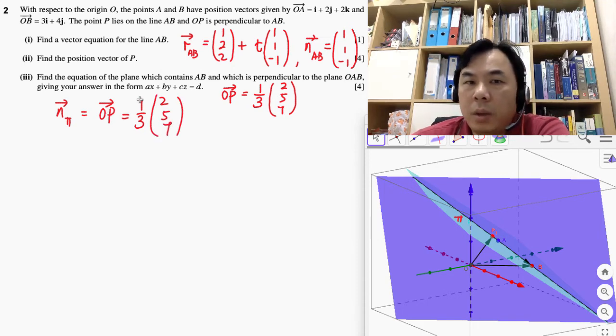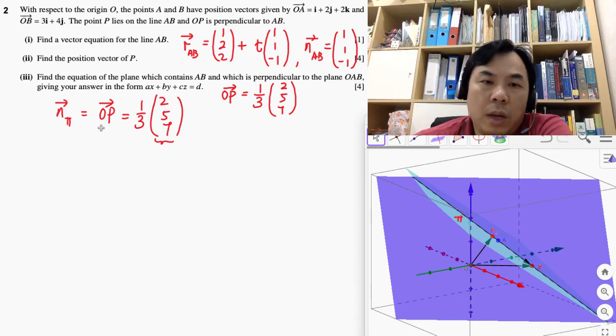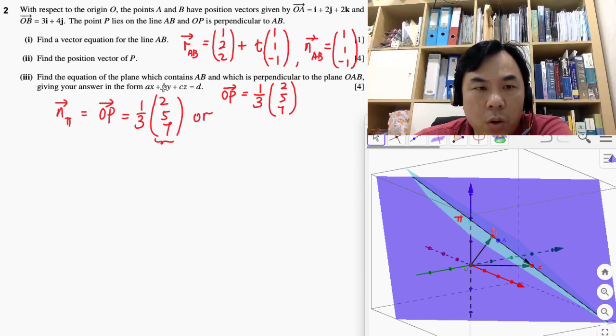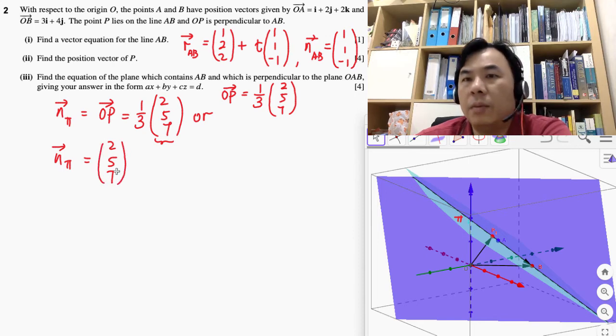Instead of writing one third, because this is a scalar, this section is actually the direction vector, so you can just use this component to represent it. So the normal to plane pi is given by (2, 5, 7). We can drop the scalar in front.